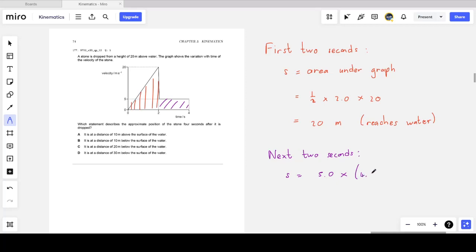The width of that rectangle is only 2 seconds. Again, you're not going to be writing all of this down. You can probably do this in your head. And this is 10 meters. So basically, I don't have to add these two together. I can see that the stone now moves 10 meters below the surface of the water. So it's now 10 meters below the surface of the water, which is option B.